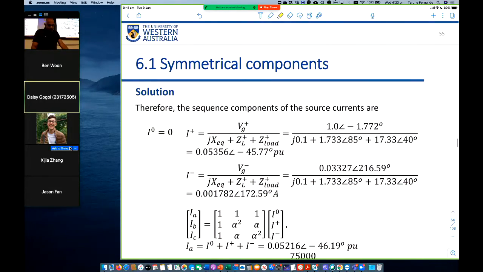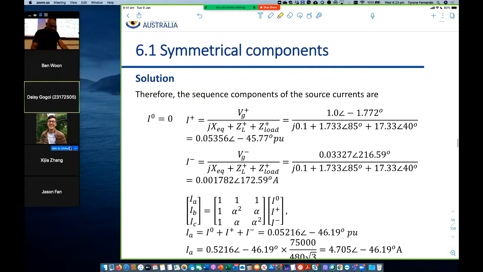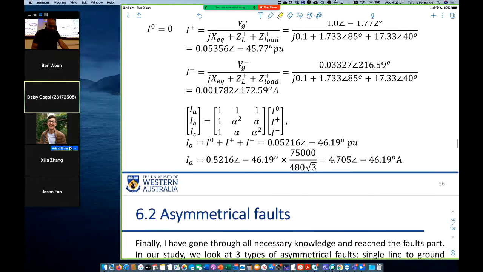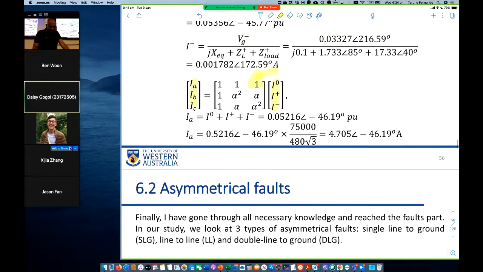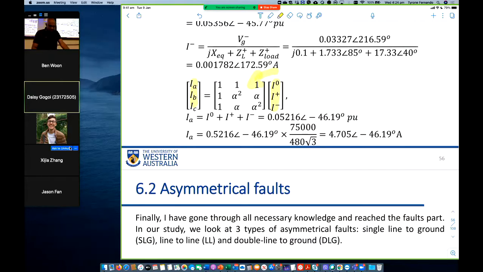So I0 is 0, I plus we calculate by dividing the positive sequence voltage of the generator by the positive sequence impedances. Negative sequence current, again we calculate in the same way, and once you have the zero, positive and negative sequence currents, by pre-multiplying by matrix A, you can calculate all these currents, IA, IB and IC, which is what the question is asking.